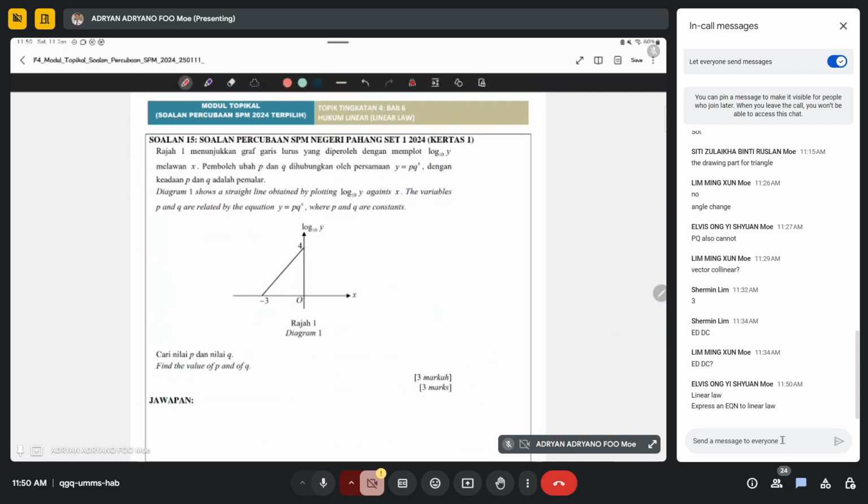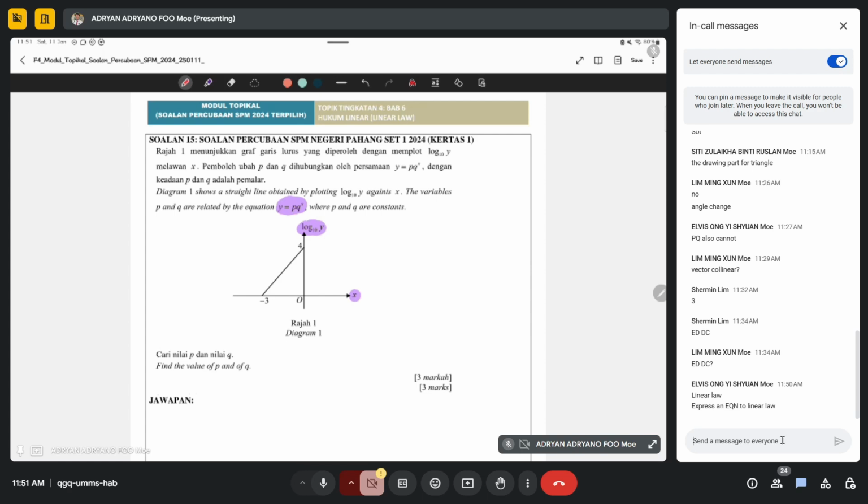Okay, example here. Let's take a Paper 1 example question. You see the given equation is y equals PQ power x. But you see the graph, it gives you log 10 y and x.